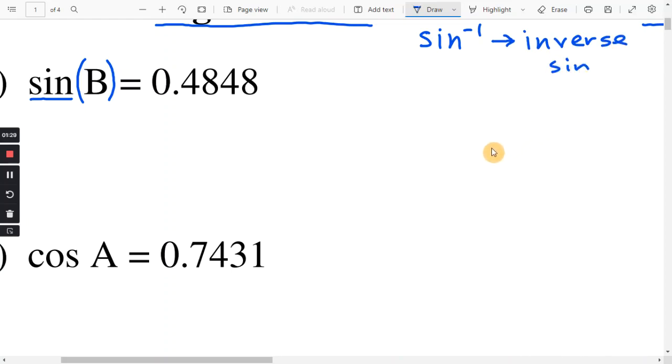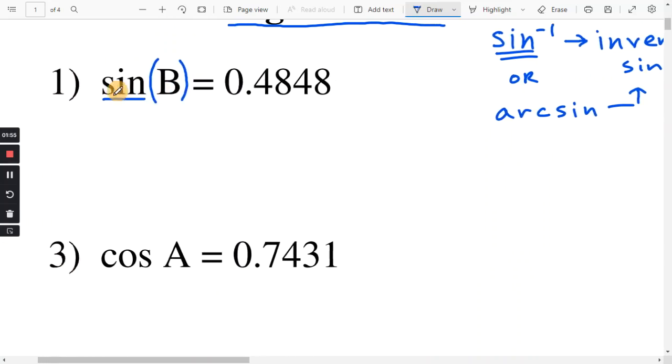On the calculator you may see it as arc sine. Those are both the same thing: sine with a small -1 or arc sine both represent inverse sine. We need to do this to both sides of the equation to get rid of the sine.